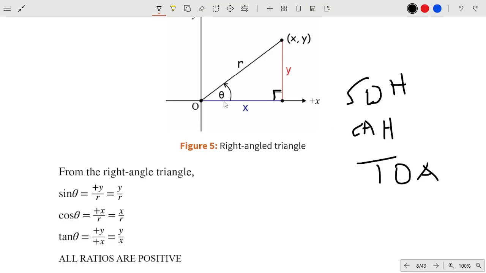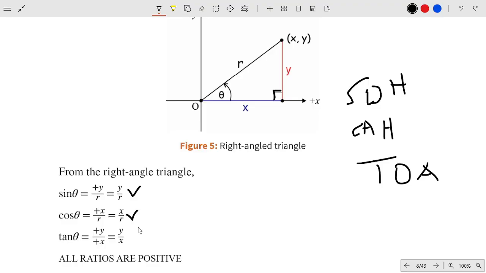So adjacent. In here we have the angle here. Its adjacent side is the x. Then the hypotenuse is r. So x on r. And this is on the positive side of the x-axis. So we're going to get positive x on R, which is also positive. So in the first quadrant, we have sine and cos being positive.